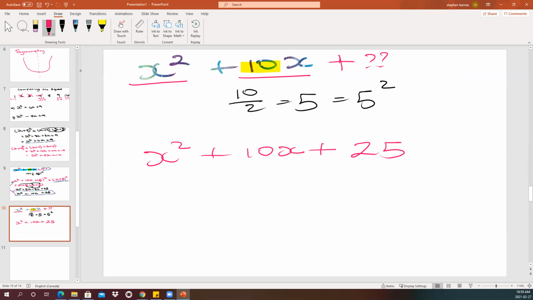This is it in the expanded form, the long form. If I want it in the short form, which is the bracket form, I'll just put x and whatever I got for half of my coefficient of B, I put it back here. I got plus 5, so that will be the shortened form, and both of them are the same. Follow?